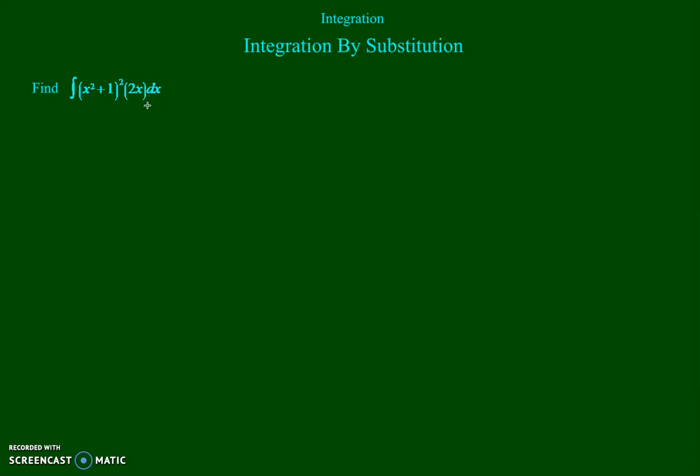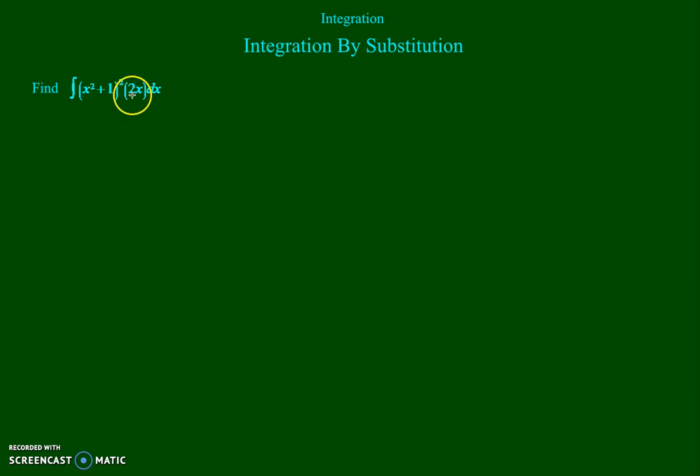Now what we're looking for is this pattern where we have some inside function and some outside function being multiplied by the derivative of the inside function. So the first question you ask yourself is, is this the derivative of this inside piece? And once you get more experience with derivatives, you'll be able to recognize these fairly quickly.